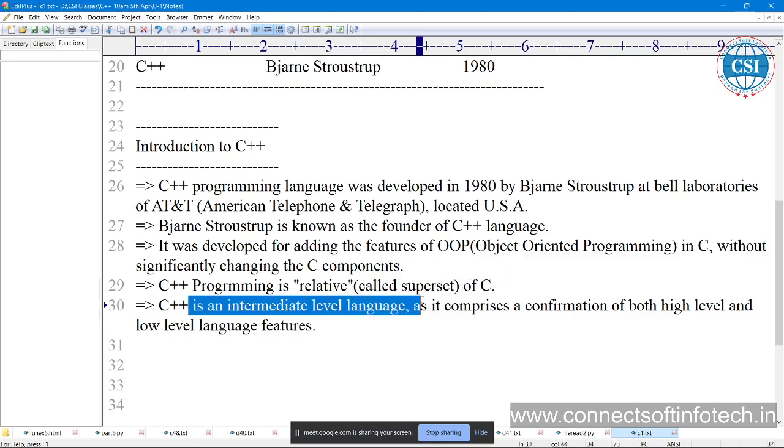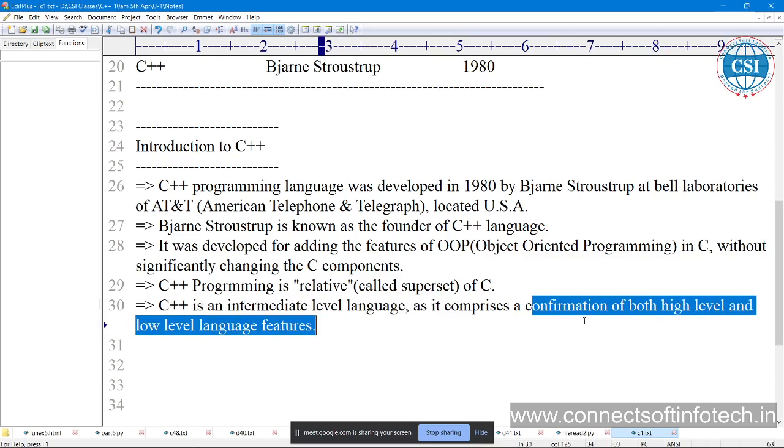It acts as an intermediate programming language, because it has both features, high level as well as low level.